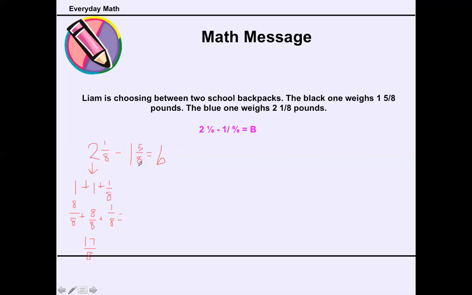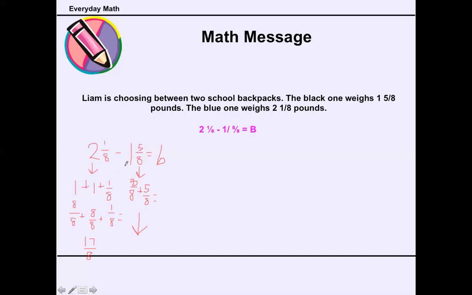And then 1 5/8 is the same as saying 1 is equivalent to, ooh, that's a sideways 8. 8/8 plus 5/8, which equals, we're going to drop it down here because we didn't have to break down the wholes like in this one.